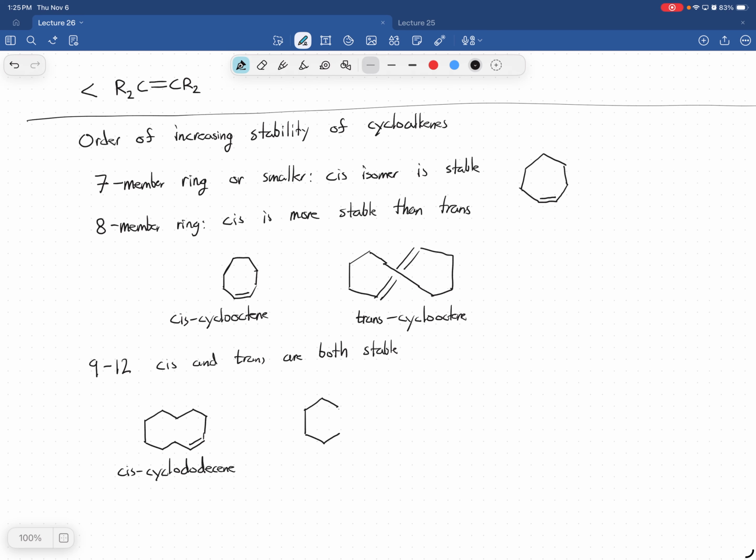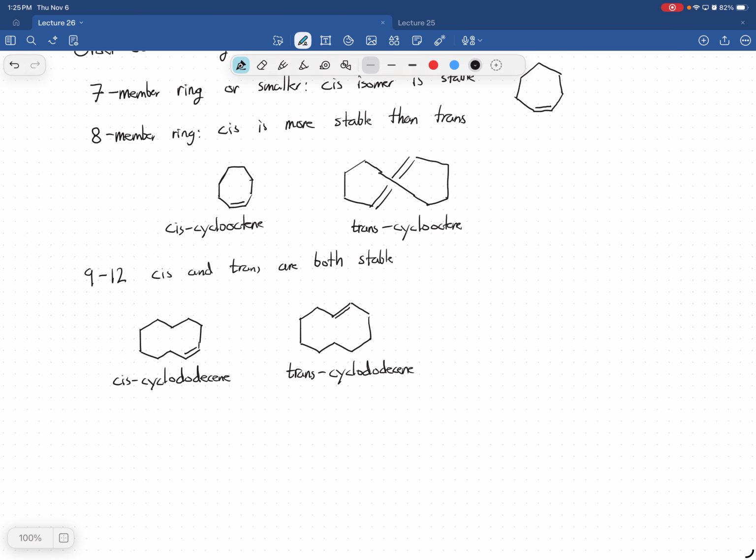So trans will look something like this. See, we have a trans double bond there. That's why it's called trans. So cis, then trans. So this one will be trans cyclododecene. Like that. All right. So you see here, the bigger the ring size, the more you can accommodate an alkene in there. And then eventually, with the larger rings, trans alkenes are more stable than cis.